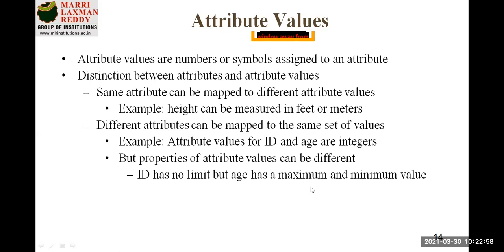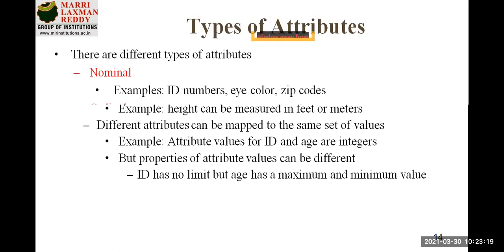If I talk about an employee, an employee's age can be a maximum of 60 and a minimum of 25. That is how we need to consider some attribute values. But ID, again, has no limit, according to the number of students in that campus or college.